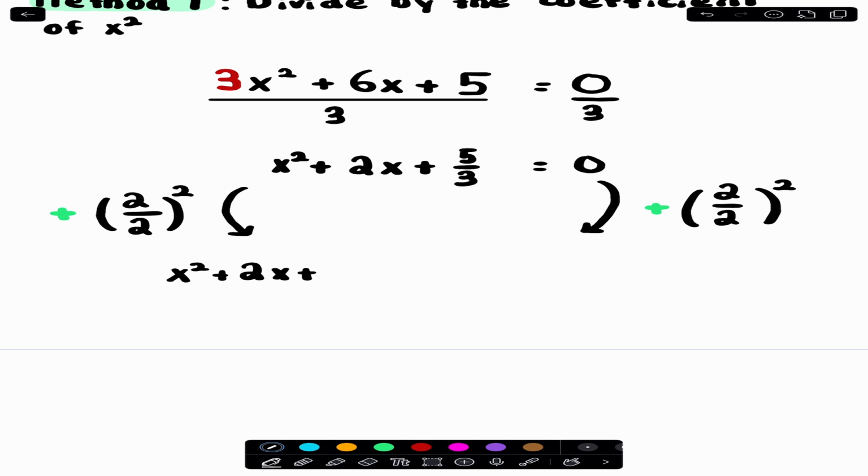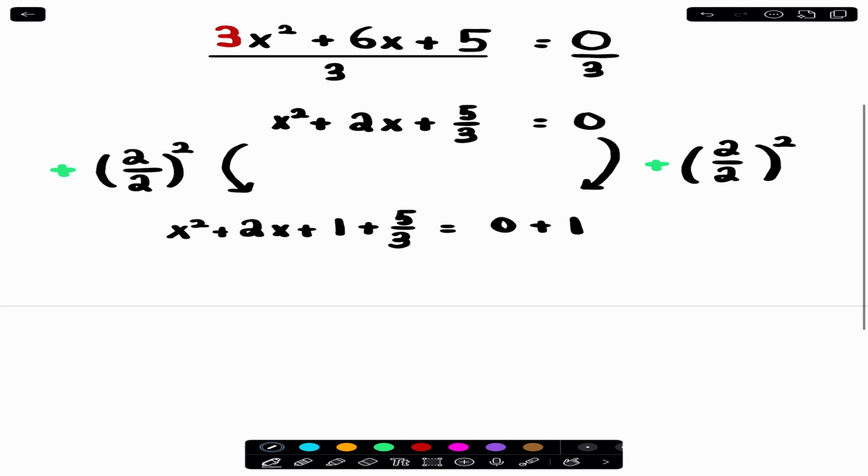So 2 over 2, that's 1. 1 squared is equal to 1. Don't forget about your 5 over 3, and this is equal to 0 plus 1. So cleaning everything up a bit, the first 3 terms, x squared plus 2x plus 1, are the same as x plus 1 squared. And 0 plus 1 is equal to 1.